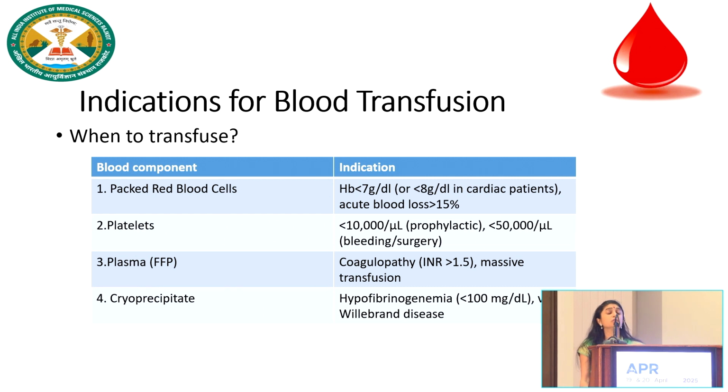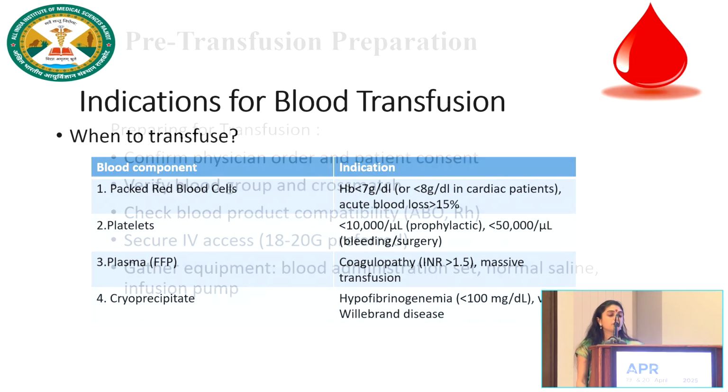In a patient who is in DIC, disseminated intravascular coagulation, and also a patient with cardiac and renal disorders, cryoprecipitate will have the upper hand over fresh frozen plasma. In normal cases, it is given in hypofibrinogenemia when the value is less than 100 mg per deciliter, or in von Willebrand disease or Christmas factor deficiency.